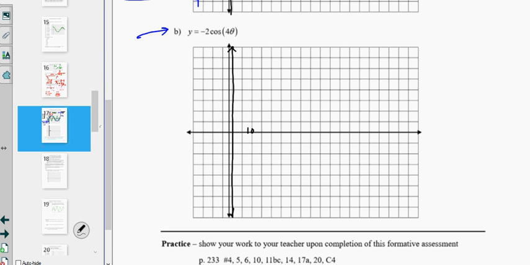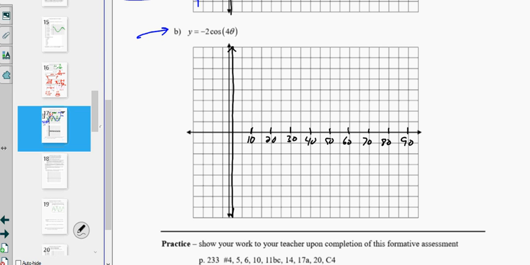Here, I'm going to draw that a little different. 10 degrees, 20, 30, 40, 50, 60, 70, 90. Okay, so we got it looking like that.